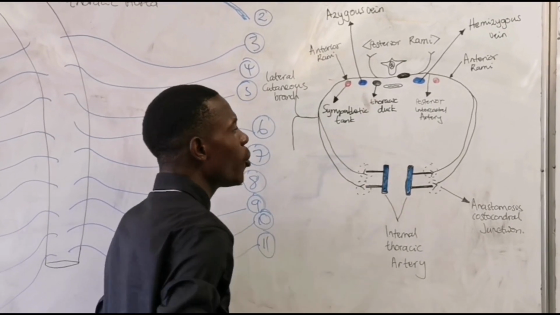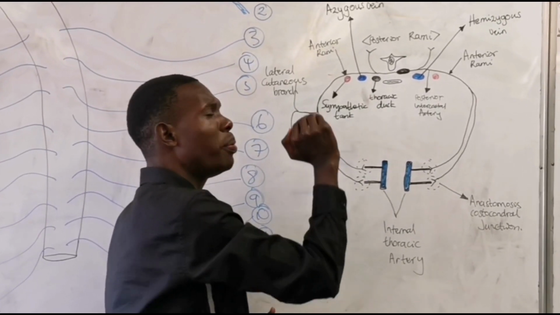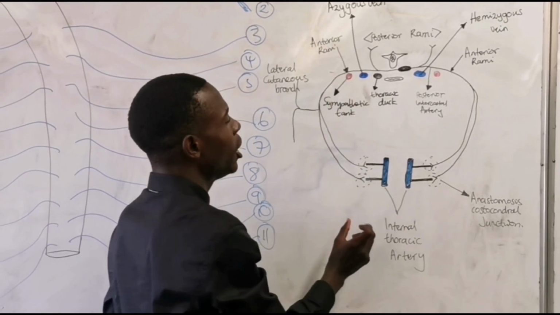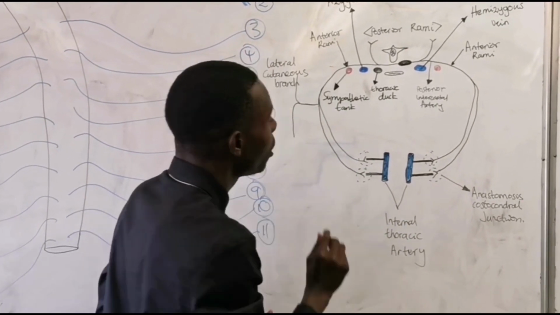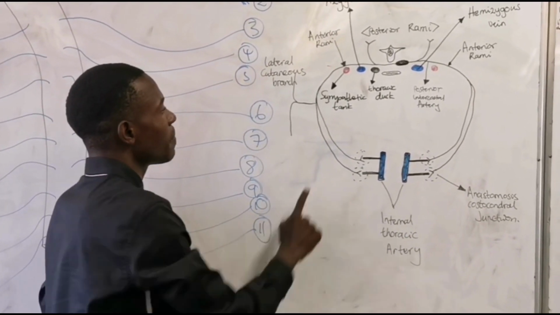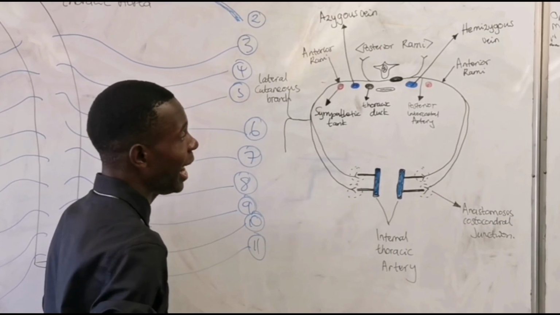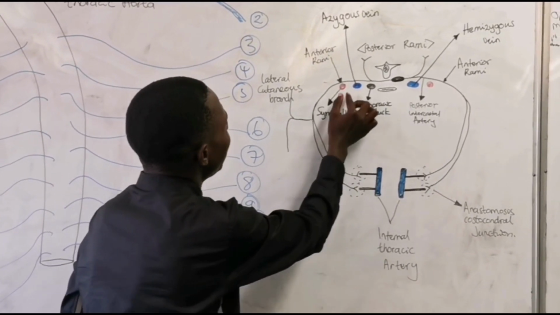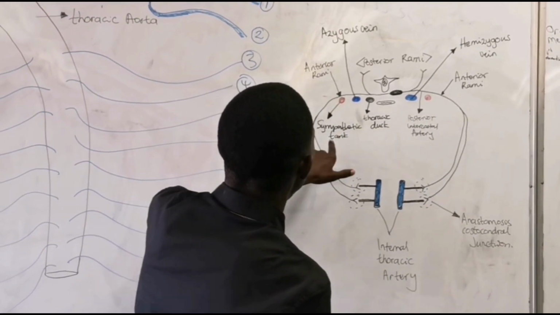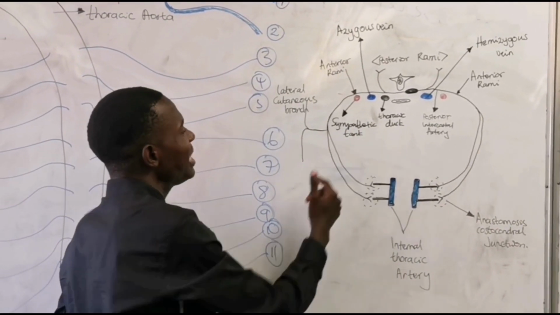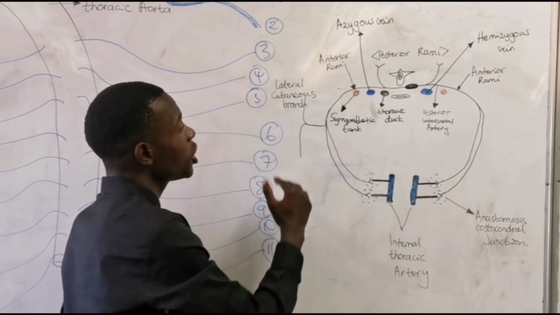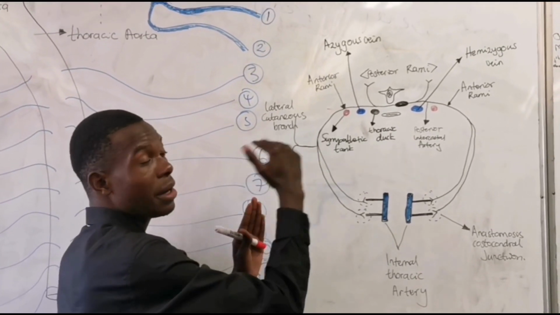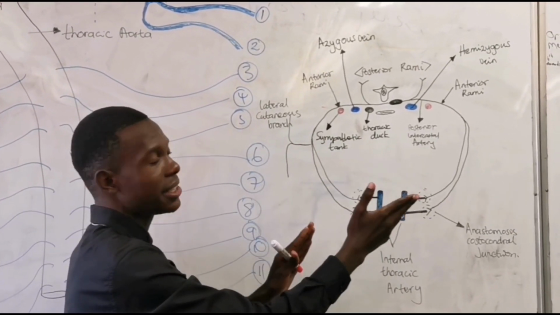And then even the thoracic duct will also be anterior to the right posterior intercostal artery, as well as the azygous vein. Remember, the azygous vein is found at the right side, right? And also we have the sympathetic trunk. The sympathetic trunk is found at the side, the left and the right.